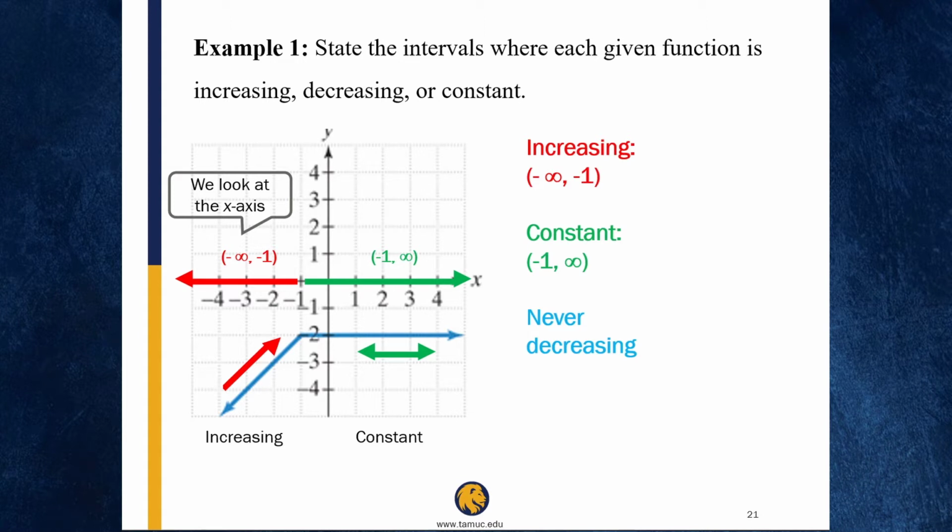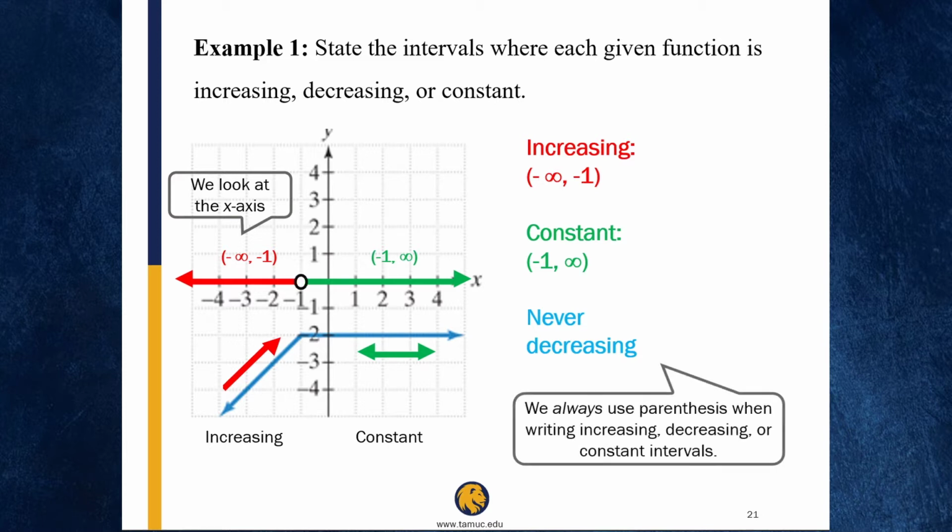So it's increasing on the interval from negative infinity to -1 with parentheses, and it's constant on the interval from -1 to infinity. It's never decreasing anywhere. And so, again, keep in mind that we always use parentheses when writing the intervals for increasing, decreasing, or constant.